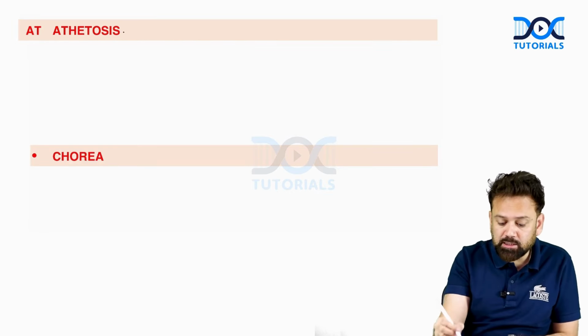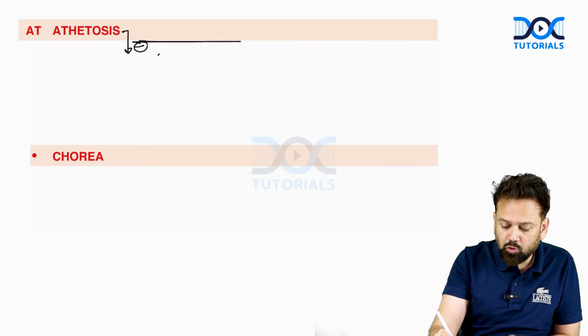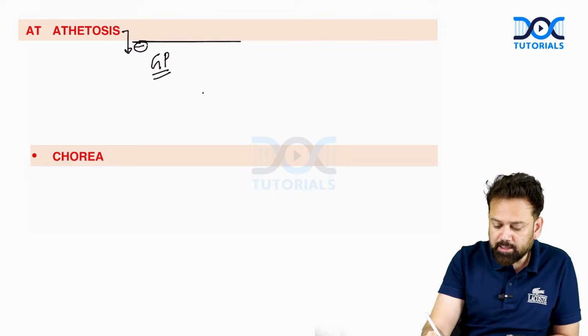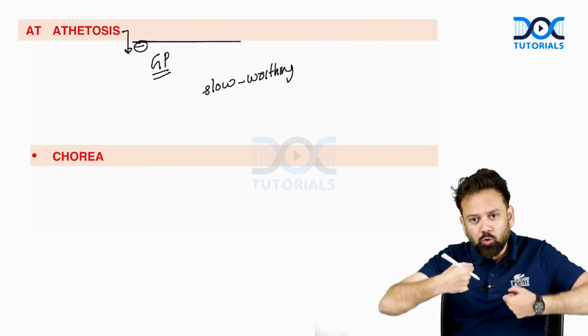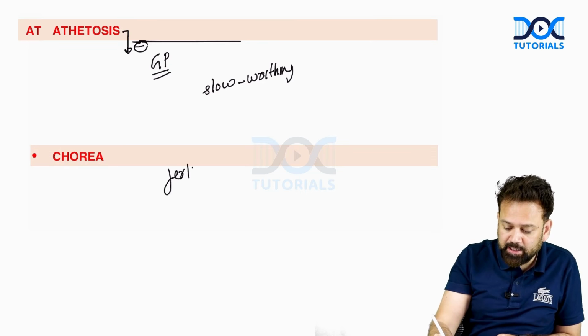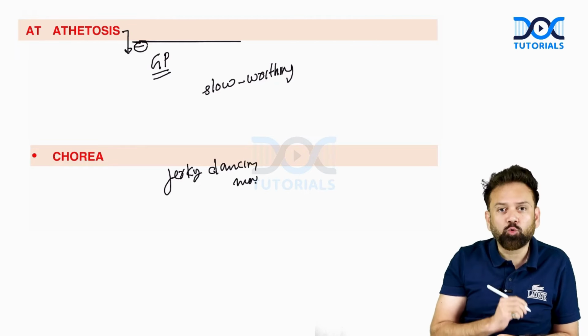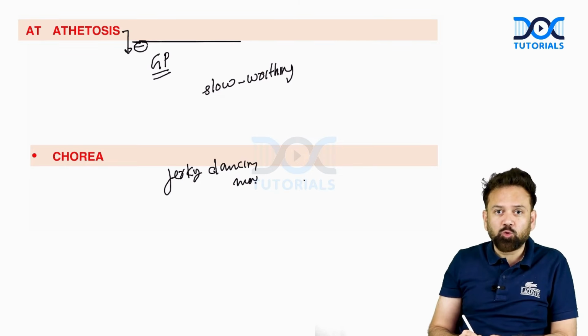Now athetosis is mainly due to a lesion of the globus pallidus. And what is athetosis? It is a slow writhing movement. When a patient is having slow writhing movement like that, it can be athetosis. But if they are having jerky dancing movement, it is chorea. So slow writhing movement is athetosis, jerky dancing movement is chorea.